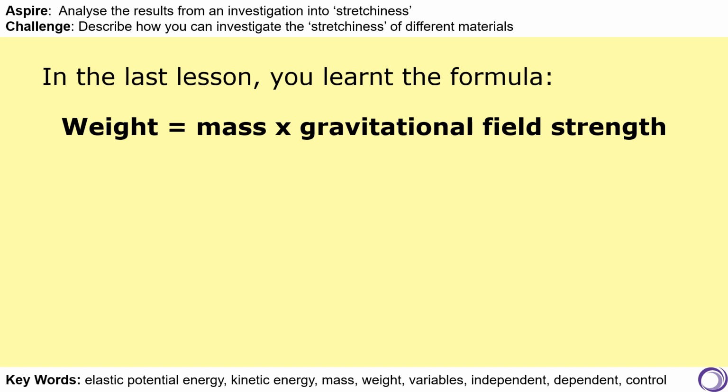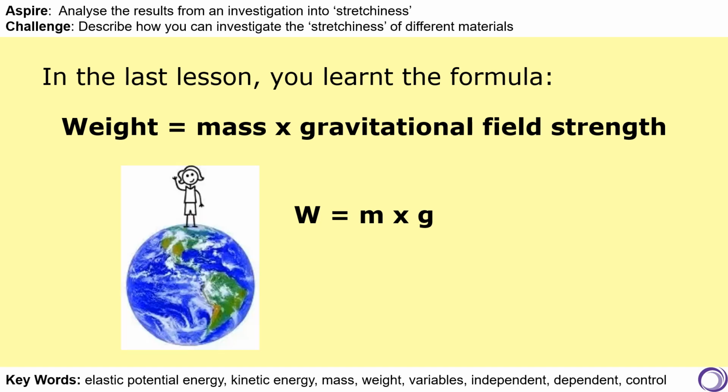I just want to start by reminding you of one of the key things that you learned in the last lesson, which was this relationship between weight, mass, and gravitational field strength. You practiced using this equation: weight equals mass times gravitational field strength, or W equals m times g.